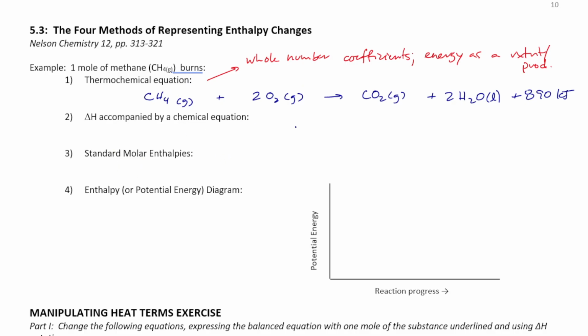We can also just do a regular chemical equation that doesn't necessarily have to have whole number coefficients. We can just write CH4 gaseous plus 2O2 gaseous goes to form CO2 gaseous plus 2H2O liquid, and then I just write the delta H after. Negative 890 kilojoules per mole.